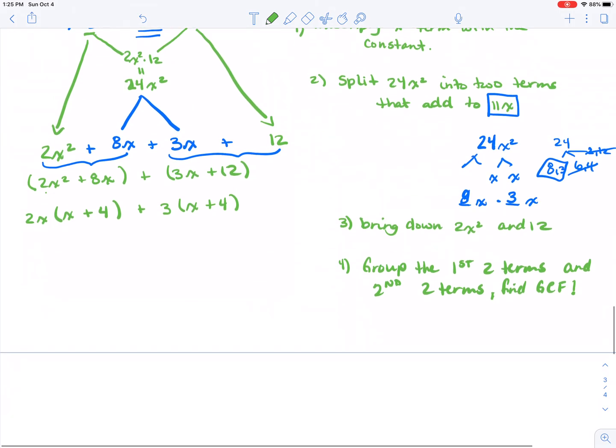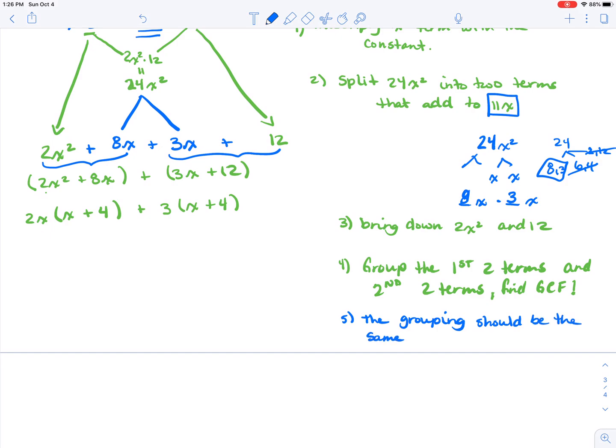Now once I've done that, you will notice, and I'm going to put this in blue, that the grouping should be the same. That's the first binomial. So here we have x plus 4, x plus 4. That is my first binomial, x plus 4.